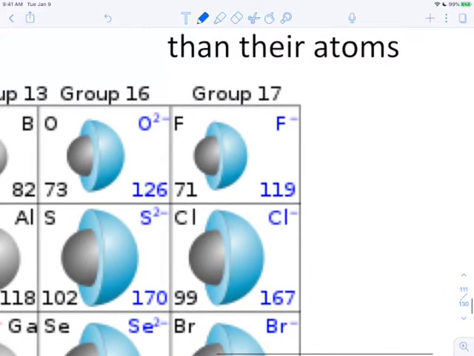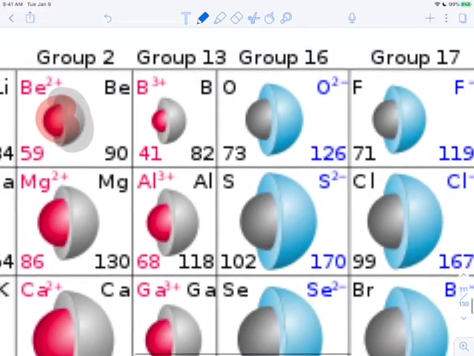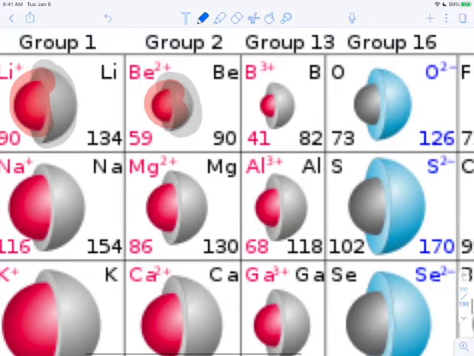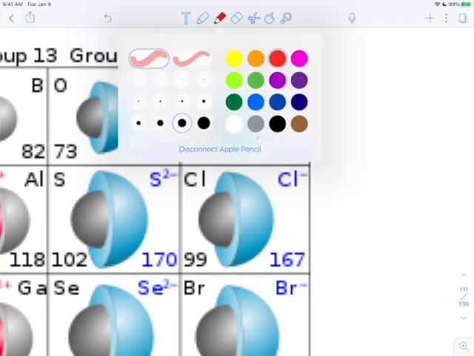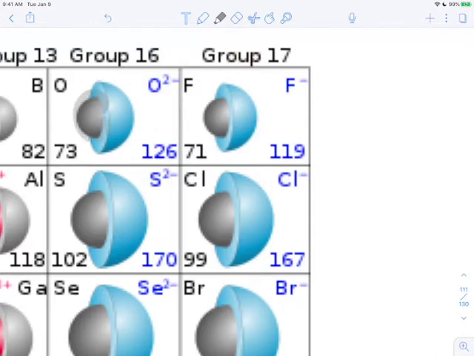All right, so let's head over here to the anions. You're going to notice here it just shows some of the elements, just kind of truncates everything. But this does go over the entire periodic table, this trend. So here in the gray, these are our original elements. And now in the blue are our anions, our negative ions.